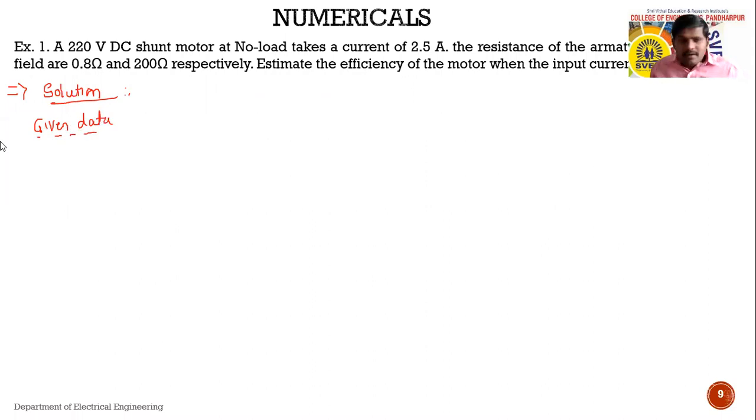Read the problem and tell me the given data. Before writing the given data, can anyone tell me whether this problem is based on the Swinburne test or the Hopkinson test?